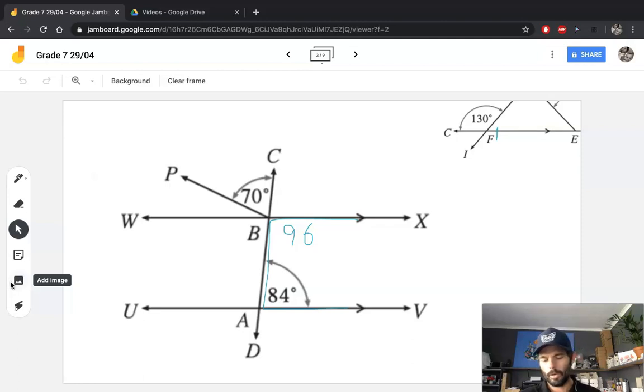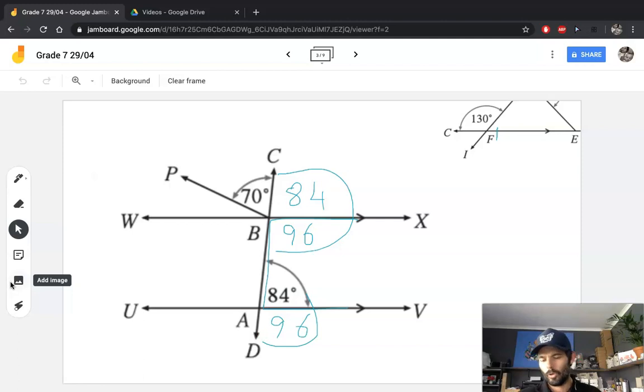Then I'm going to have a look at the angle next to it, which should also be added to 96 to get to 180, because they are angles on a straight line. Those two angles together. So that means that's going to be 96 again, because that's also on a straight line.